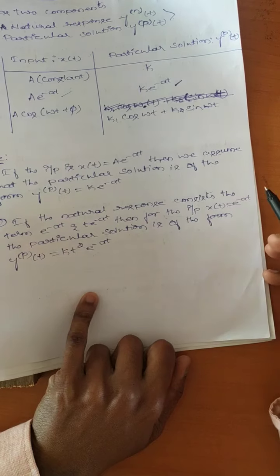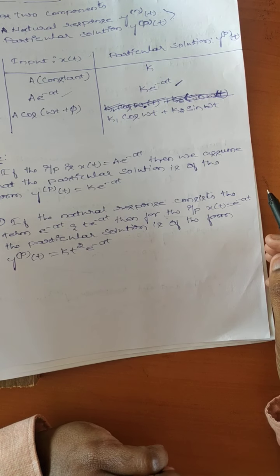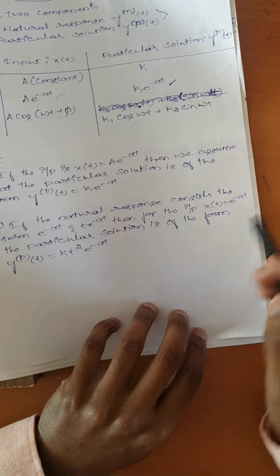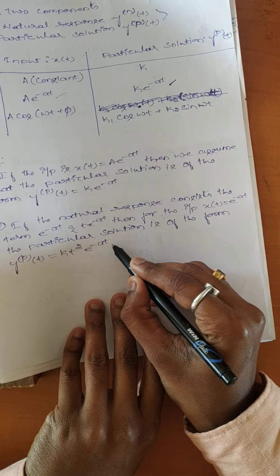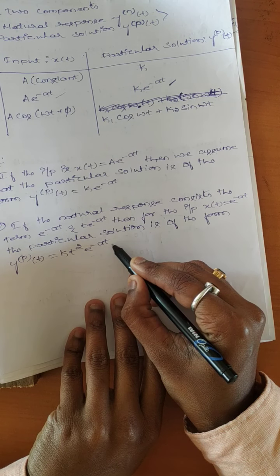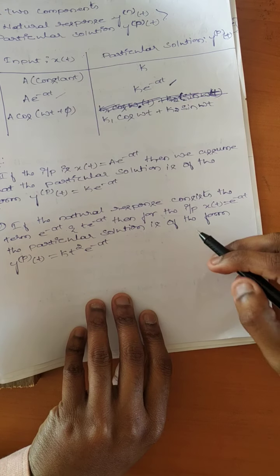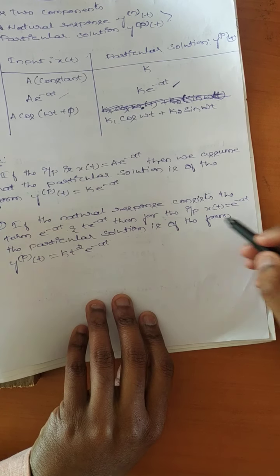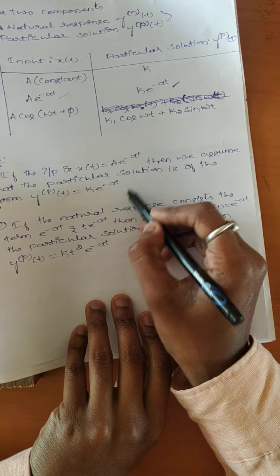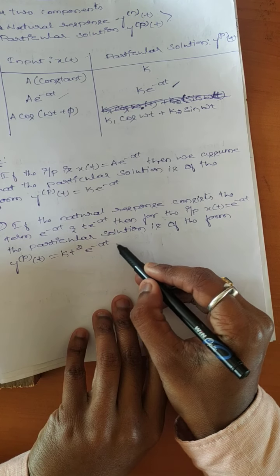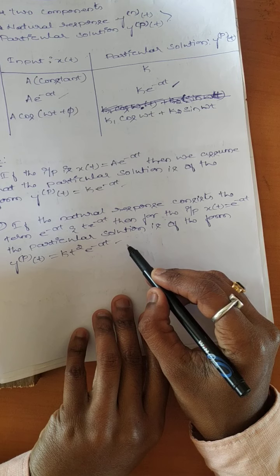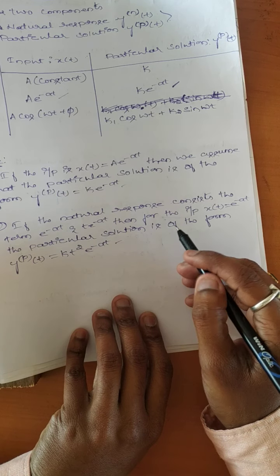You just have to consider the input values and the actual values. So that is your particular solution in terms of the forced response. You just remember these 2 points. We're going to explain this point and this point in a problem. Thank you.